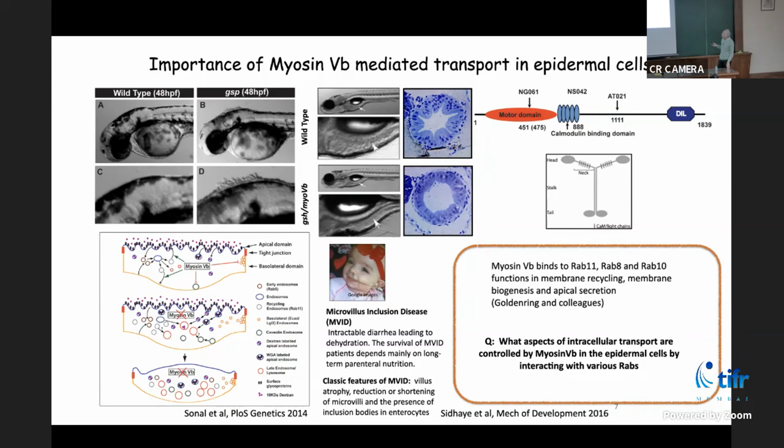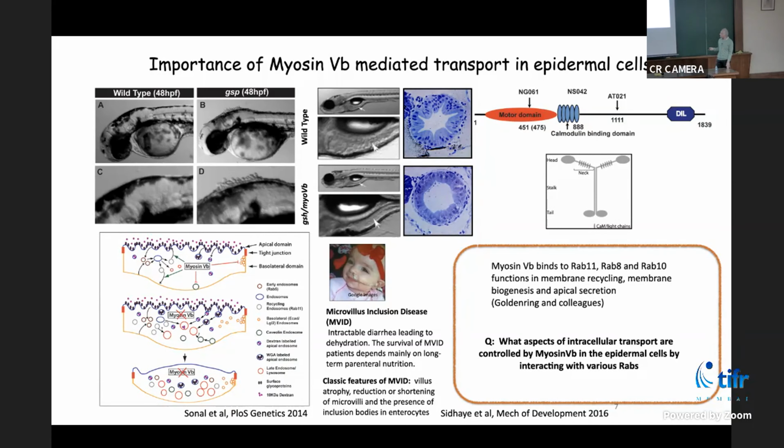And in the absence of this motor, the cells accumulate all this cargo which is destined to go to the membrane. It gets accumulated inside the cell, and the cell now has a reduced amount of total membrane, and that's why the cells shrink over time and eventually they round up.